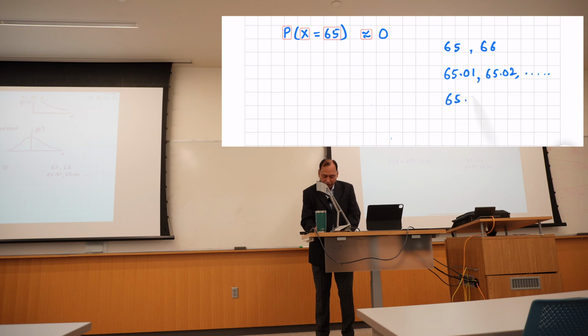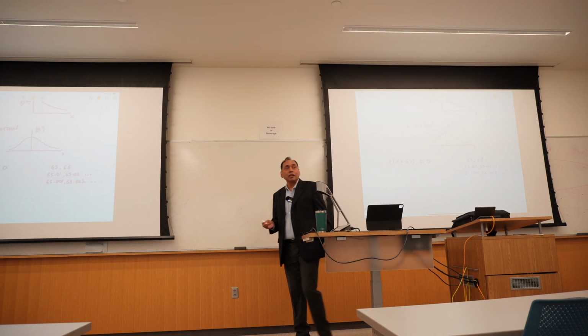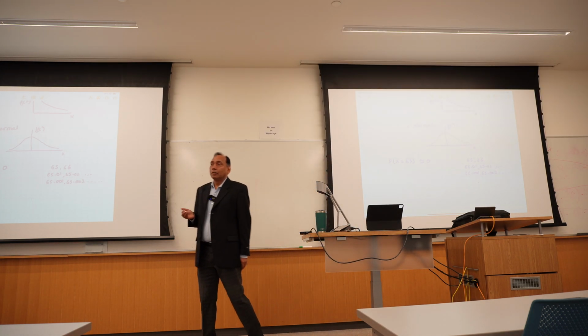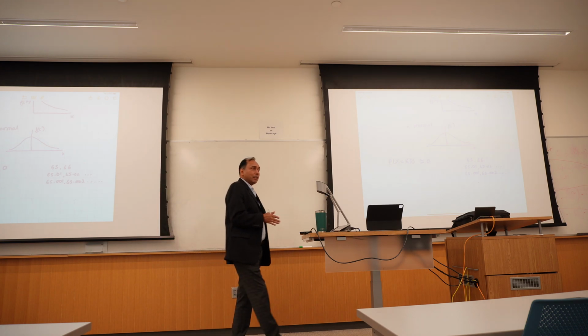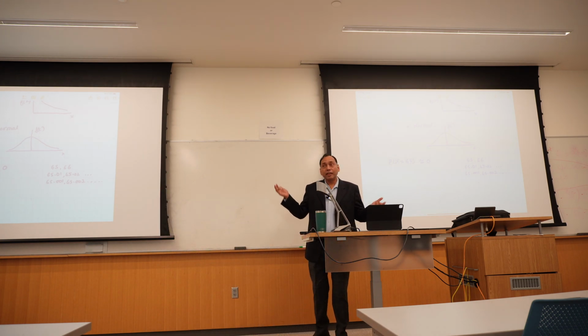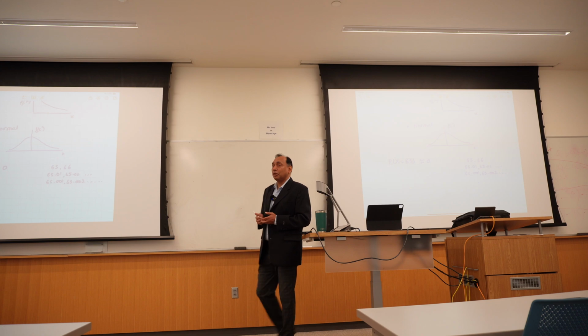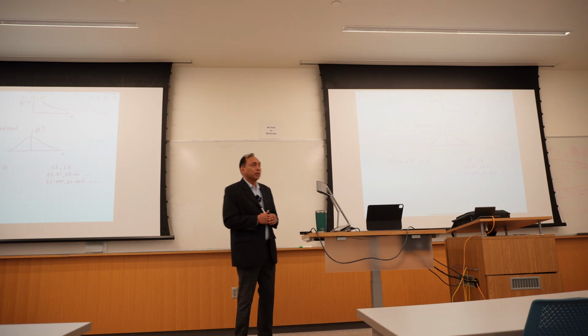So you may be able to get 65.001, 65.002, and then you get 1000 values between these 2 numbers. If you are able to measure 4 decimals, then you get 10,000. 5 decimals, you get 10 times more.